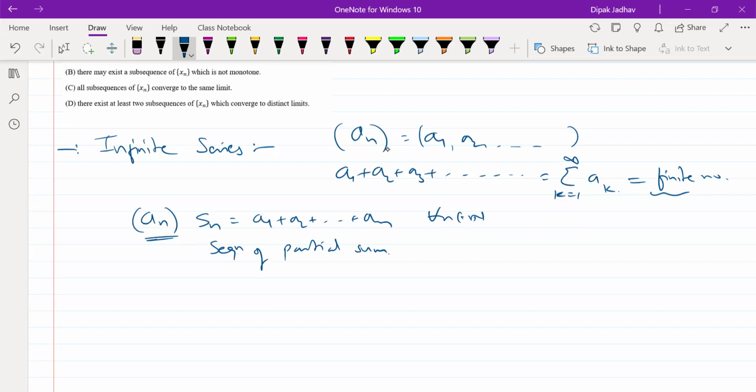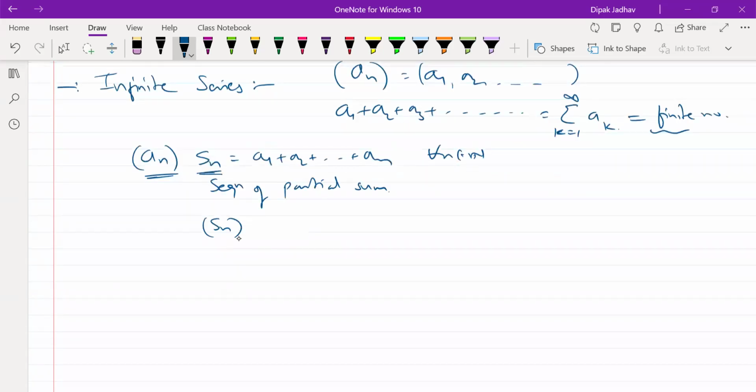So from the given sequence, we have computed another sequence, Sn, and we already have knowledge of what we mean by a sequence being convergent, and we have studied several results about convergence of a sequence. So we can ask whether the sequence Sn converges. If Sn converges, we say the infinite series summation an converges.